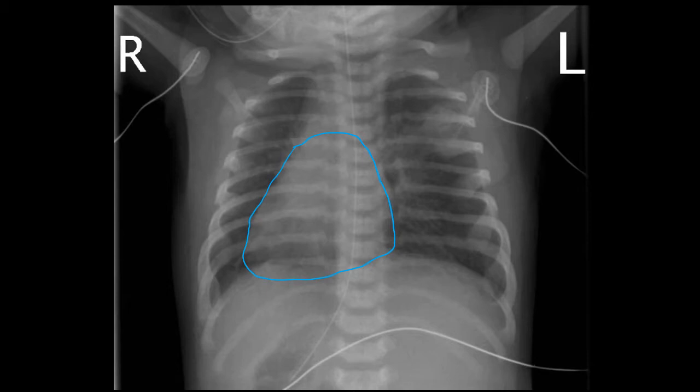This is a situation where the organs have rotated to the wrong side, referred to as situs inversus. So everything is on the wrong side. We can actually see a stomach bubble over here as well, so we know that the stomach is on the wrong side of the body also.